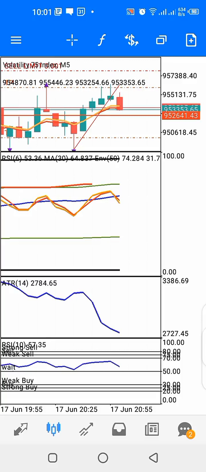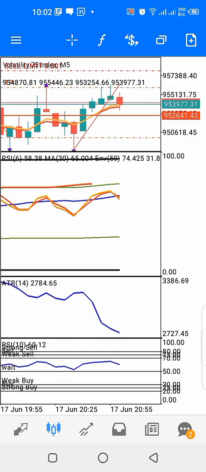If price gets to the midpoint, I will place a sell trade.